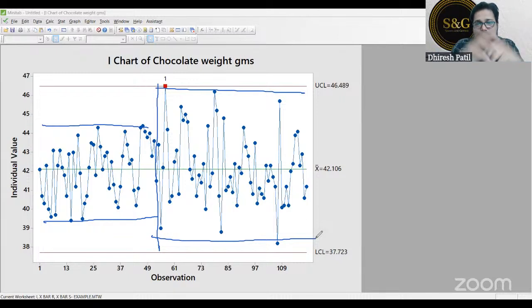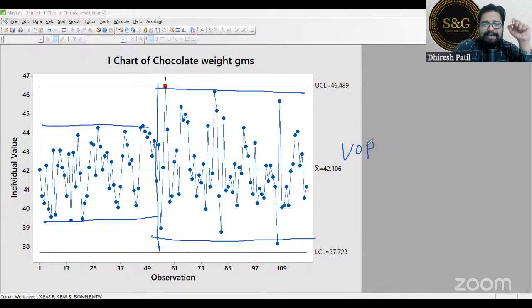If you observe very closely for 1 minute, the chart starts speaking with you. That is called voice of process. You can hear the voice of process, what the chart is telling you. That observation is very important. Most of the data is between 40 to 44. Very good observation. Are you understanding this?